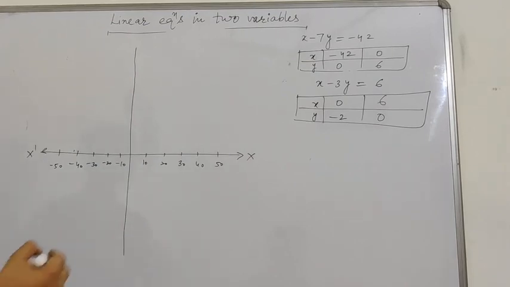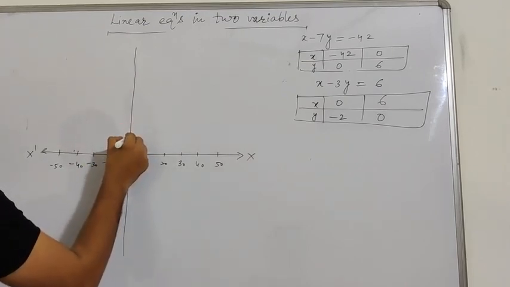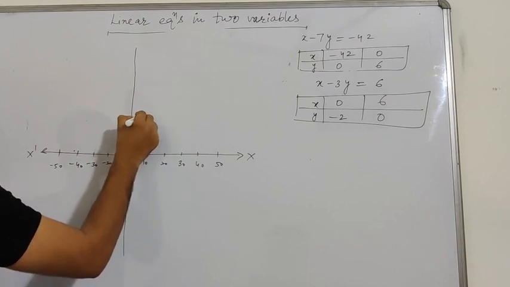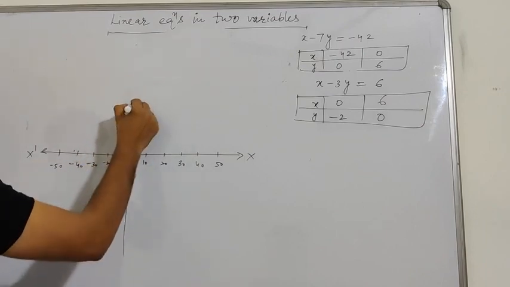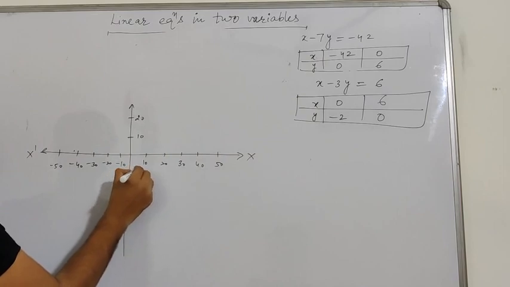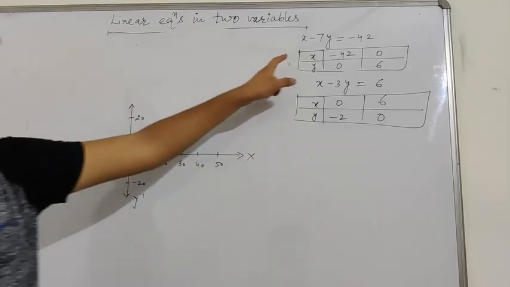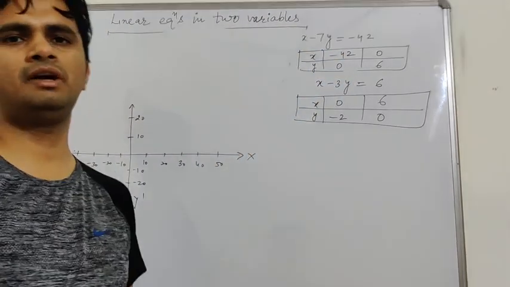Then the highest value of y is 6, so 10, 20 is more than sufficient, and minus 10, minus 20 on the y dash side.